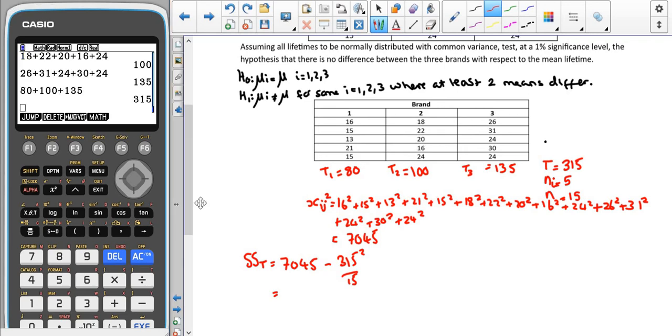So putting that in the normal part of our calculator, that gives us 7,045 minus 315 squared over 15, which is 430.